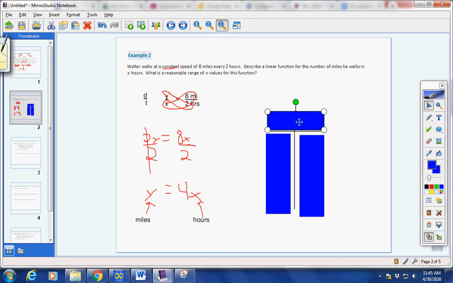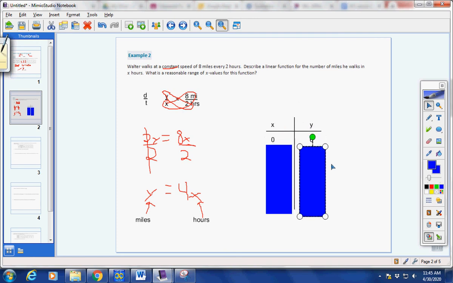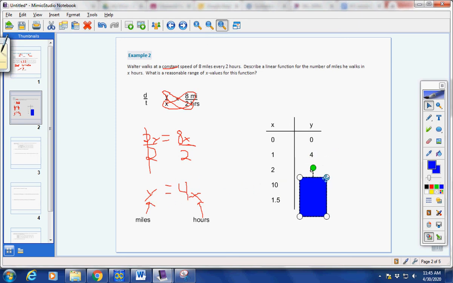And from that, we could do an input-output table. So remember, if Walter walked 0 hours, it would be 0 miles. That's why this is a constant, and it goes through 0, 0. This would be proportional. So we've really been doing linear functions the whole time we've been doing proportionality. So again, 1 times 4 is 4. 2 times 4 is 8.